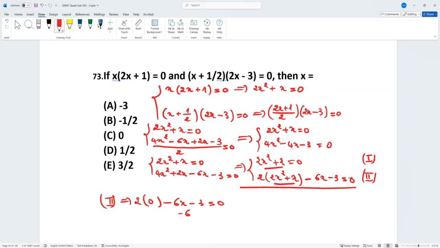And then minus 6x is equal to 3. X is equal to 3 over minus 6, like this. And then x is going to be equal to minus 1 over 2. So that's the value of x. Let's find that the correct answer is answer B.